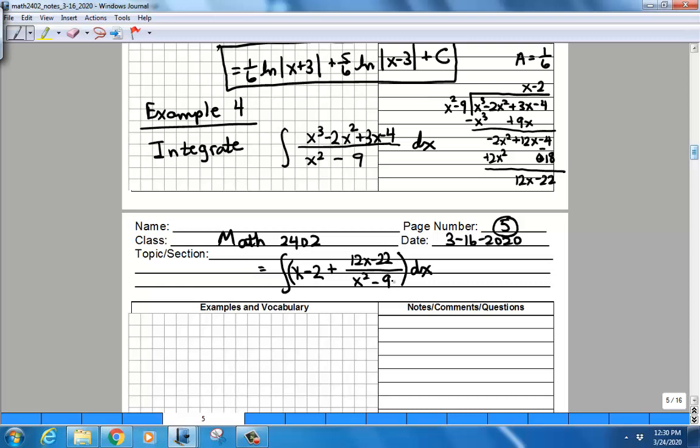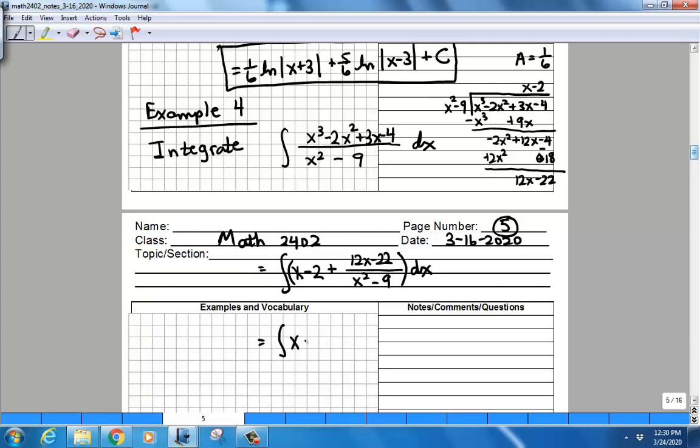Now, that doesn't look like a lot of progress, but we actually have made some progress here now, because now I have this original integrand written in 3 terms, and 2 of the terms are easy to integrate, right? So I'm going to break this up into 3 separate integrals.